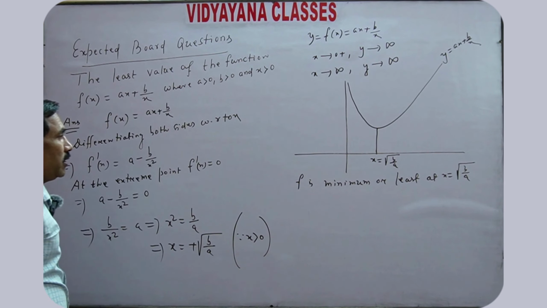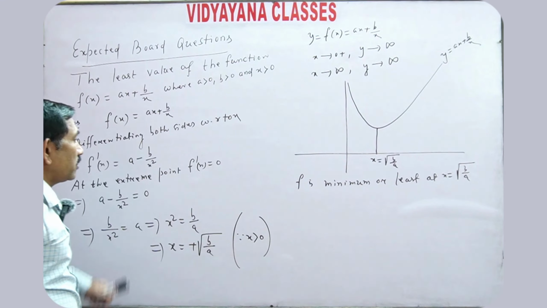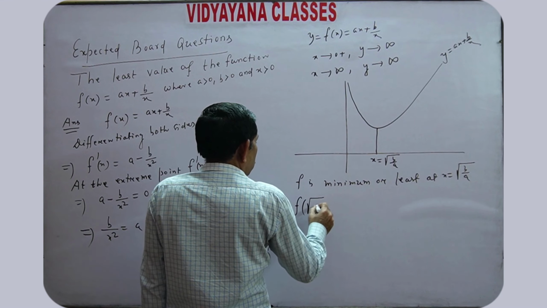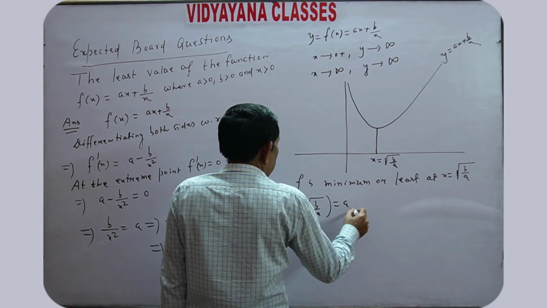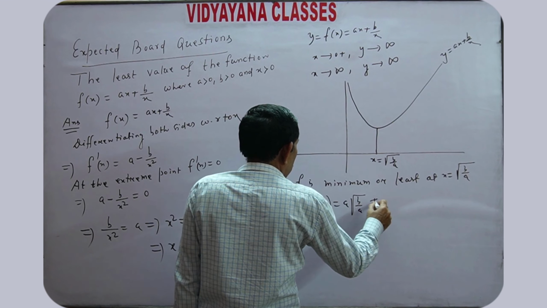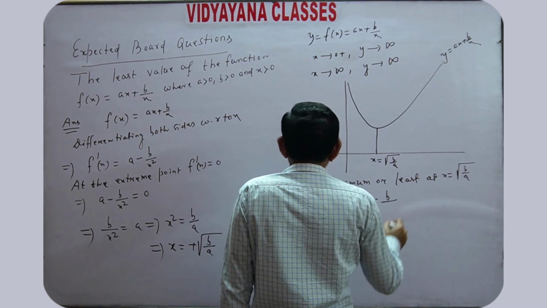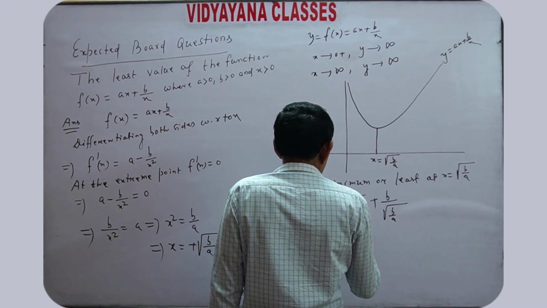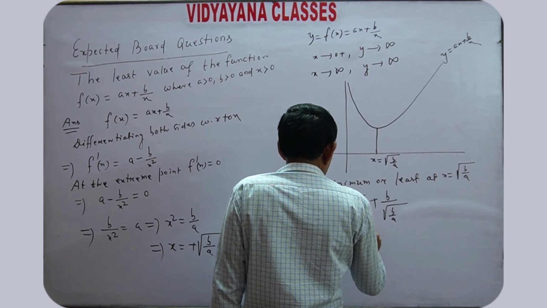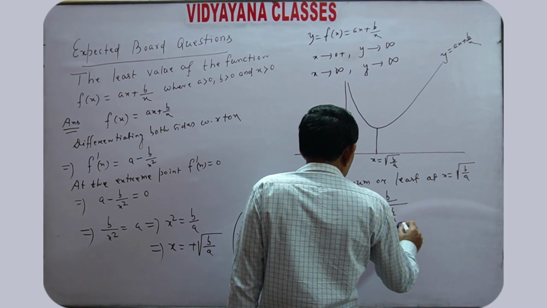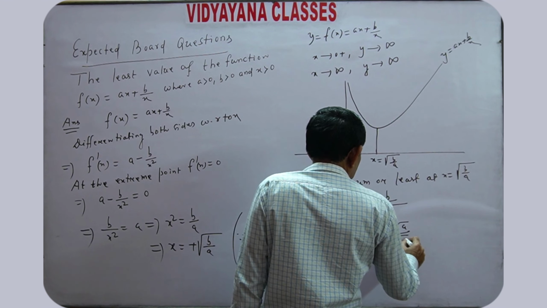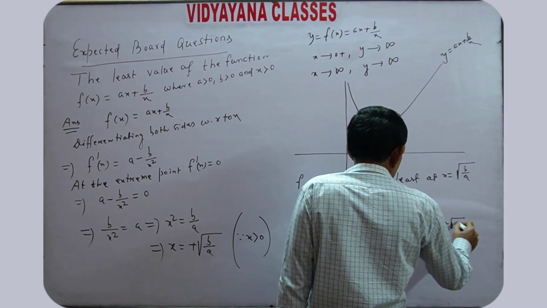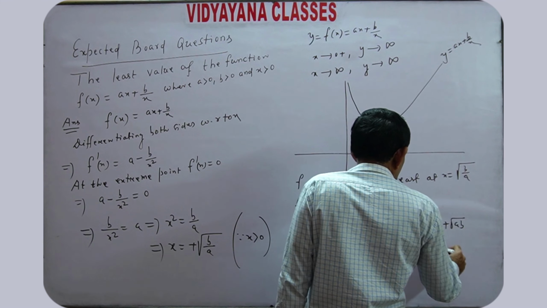The least value or minimum value can be obtained from the function. f(root of b by a) is equal to a into root of b by a plus b by root of b by a, which is same as root of a into root of b plus root of b into root of a, which is equal to 2 times root of ab.